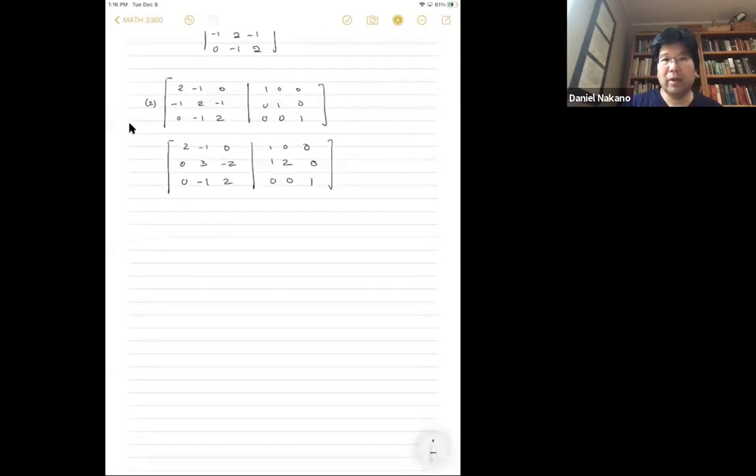You could divide by 3 already, but then you have to work with fractions. So instead, we have 2, minus 1, 0, 1, 0, 0; 0, 3, minus 2, 1, 2, 0. And for the last row we're left with 0, 0, and 6 minus 2 is 4, then 1, 2, 3.